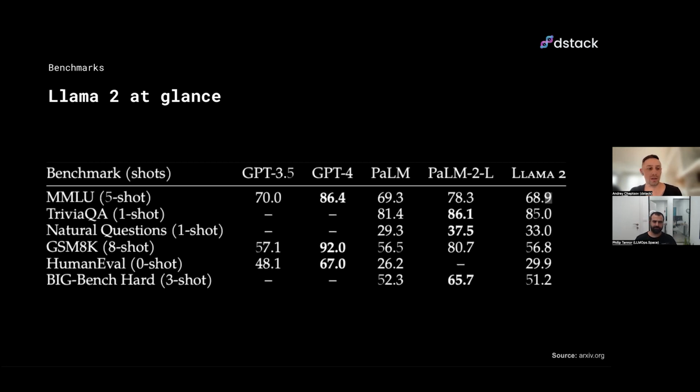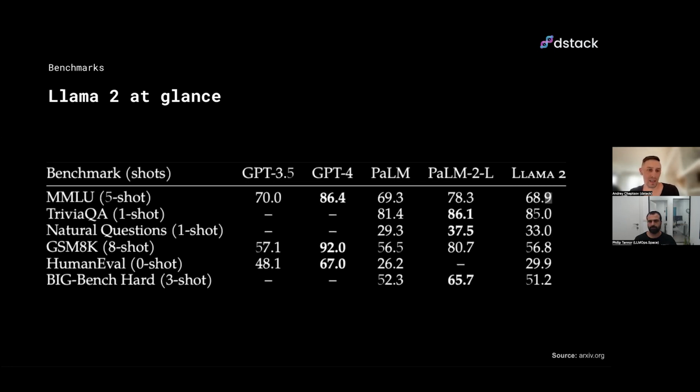Benchmarks are a way to tell how models perform and how they compare with each other in different scenarios. There are lots of benchmarks, and everybody knows that the benchmarks are broken. But for example, the MMLU benchmark is probably one of the best known.